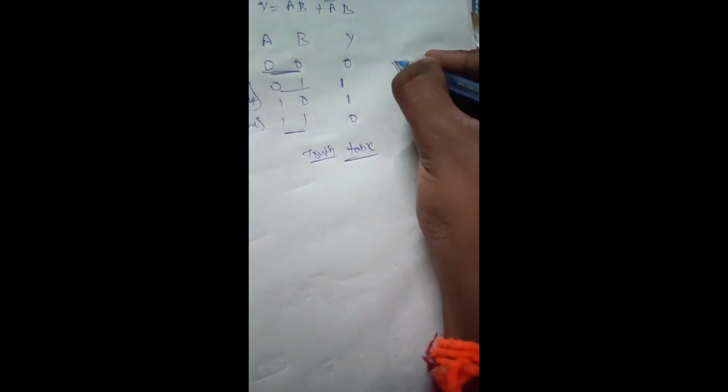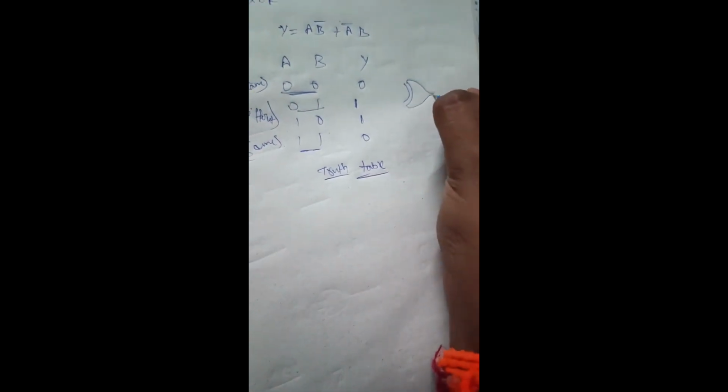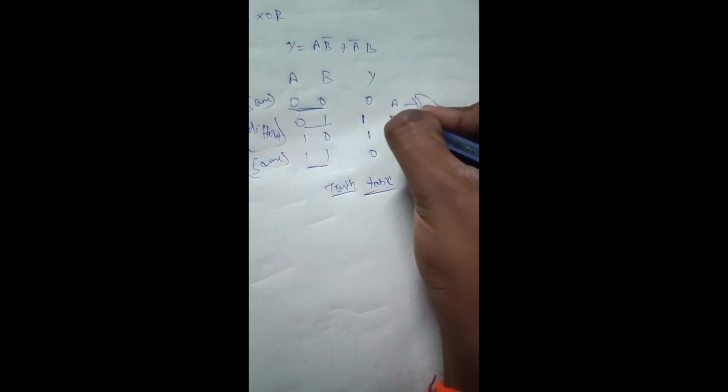This is the truth table for the XOR gate, and this is the XOR gate symbol: two inputs A comma B and the output is Y.